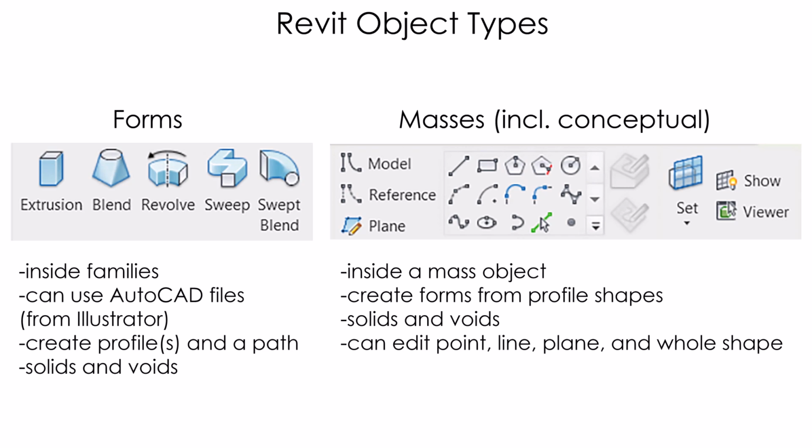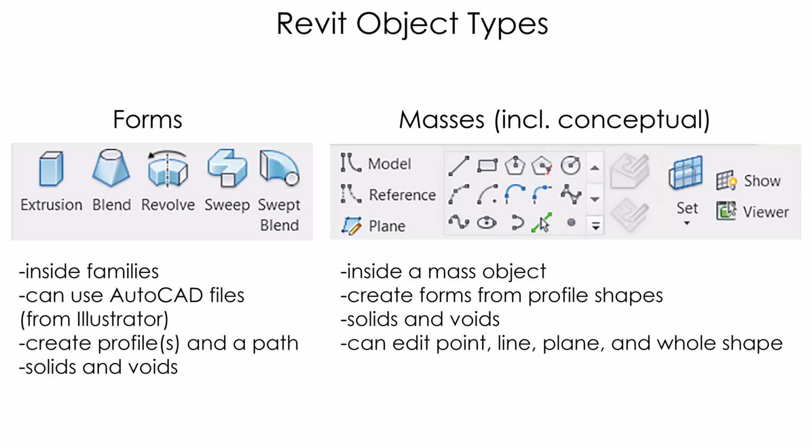And all of these object types, these 5, can be void forms as well. This is frequently what you have to do to create different shapes: you create a simple shape like a simple extrusion, and then you apply a void to that extrusion to, say, give it a nice chamfer or profile along the edge, or make it look more like a cushion, for example.